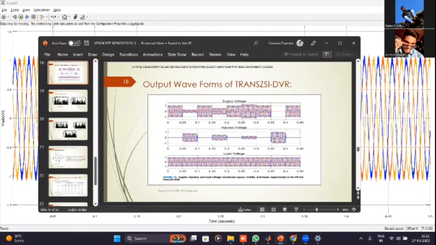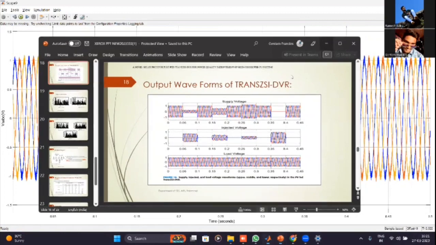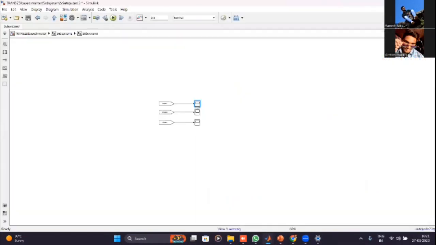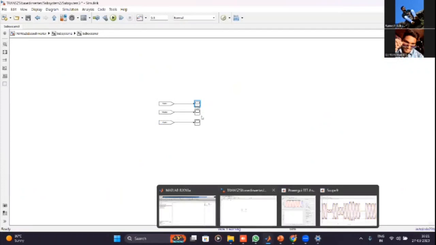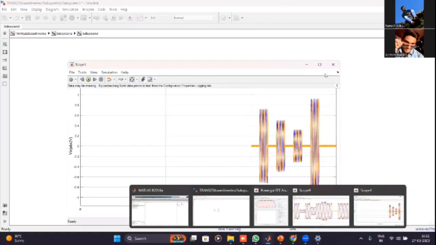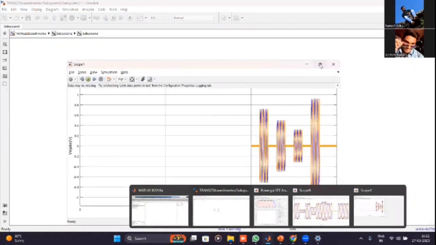These figures represent the first half of the graph in the theoretical values. Next, this is the TransZSI-DVR's output waveform, which shows injecting and absorbing waveforms.